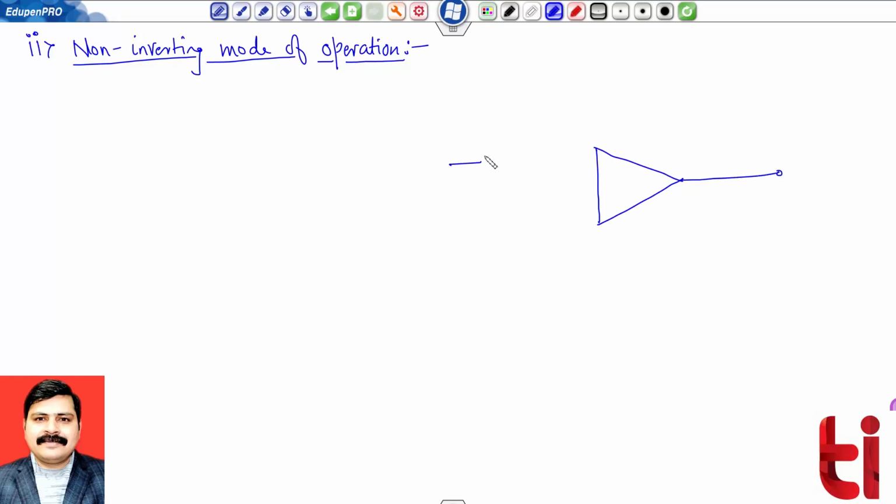Now you have a basic idea of the circuit diagram from the inverting mode of amplifier. Now I am drawing the feedback resistance, and a load resistance across which we need to find the output voltage V naught. This is my load resistance RL.